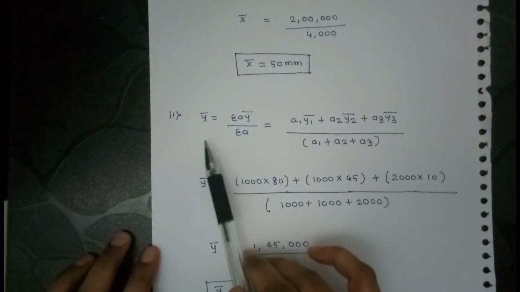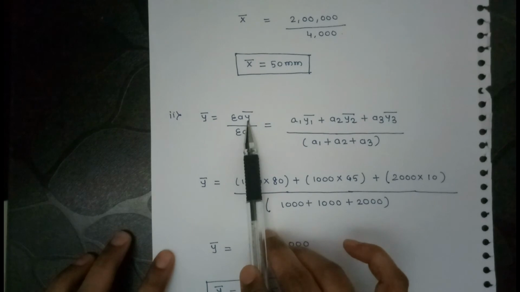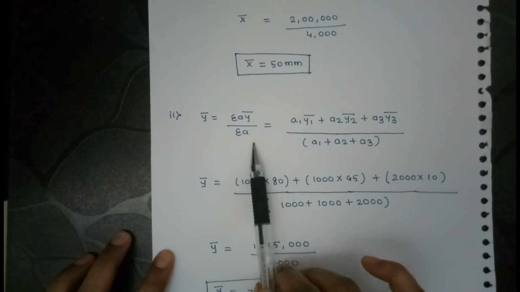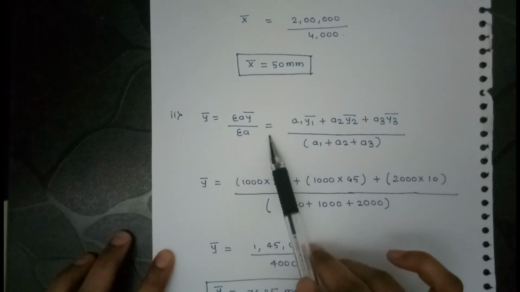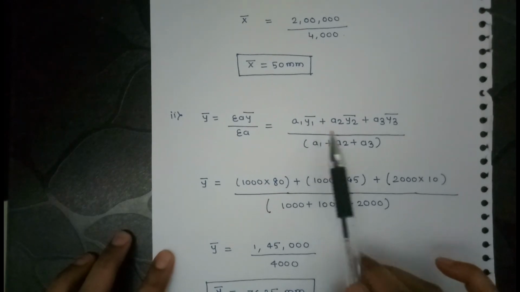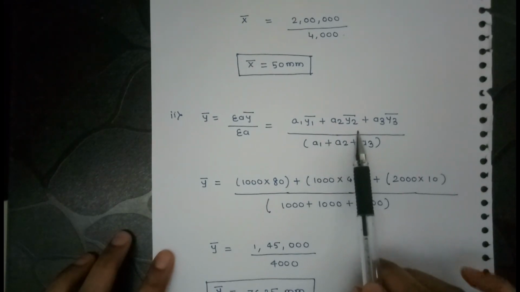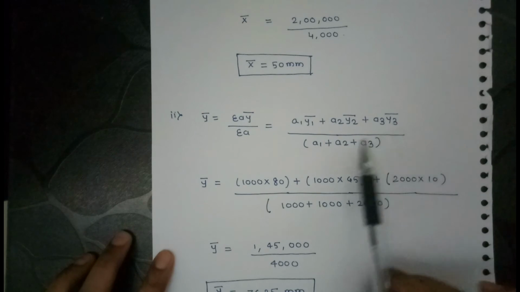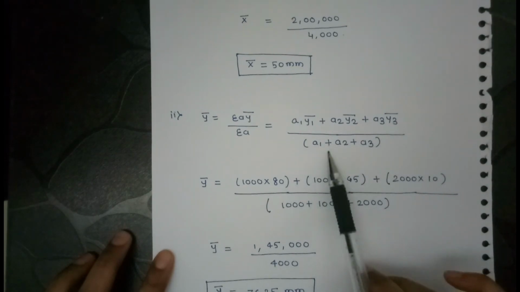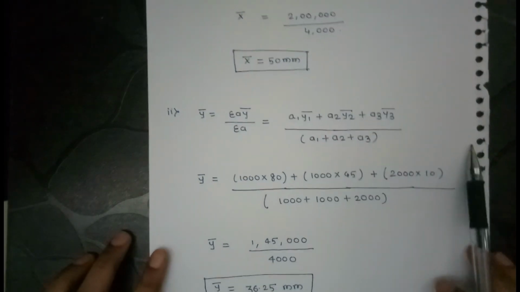Then calculate y bar. Y bar is equal to summation a y bar divided by summation a, is equal to a1 y1 bar plus a2 y2 bar plus a3 y3 bar divided by a1 plus a2 plus a3.